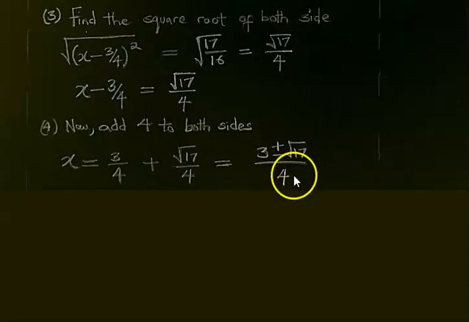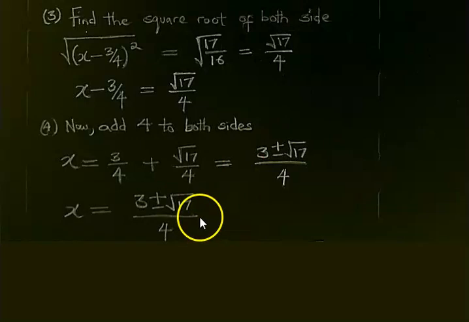That's because the square root of 17, whatever the result is, can have a positive sign and can also have a negative sign, just like the square root of 9 can be positive 3 and can also be negative 3. Hope you get the logic behind that.